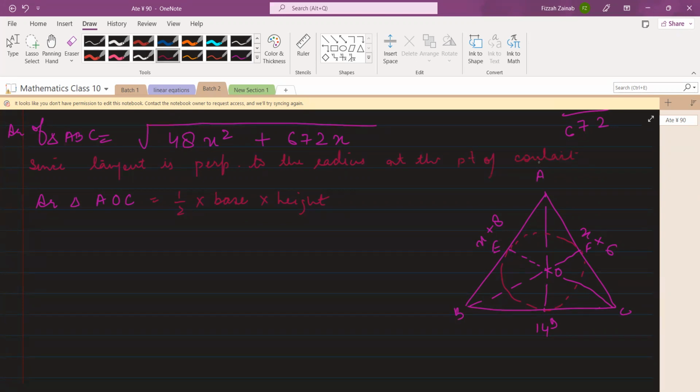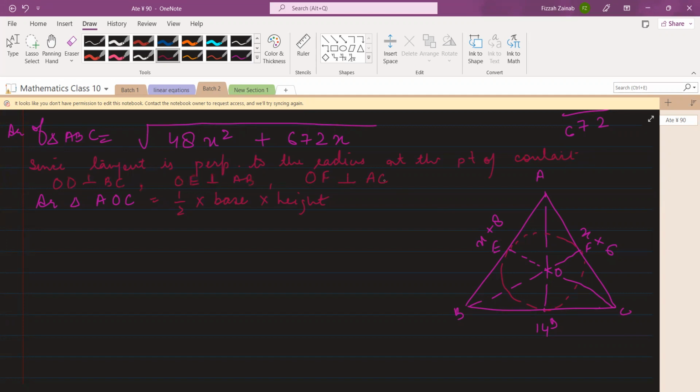So what will it give me? It will give me that OD is perpendicular on BC and OE will be perpendicular on AB and OF will be perpendicular on AC. So now you can take them as height, right?